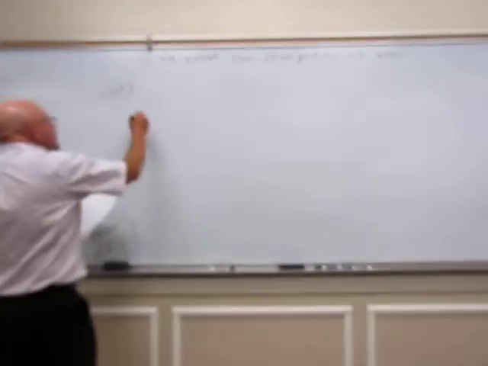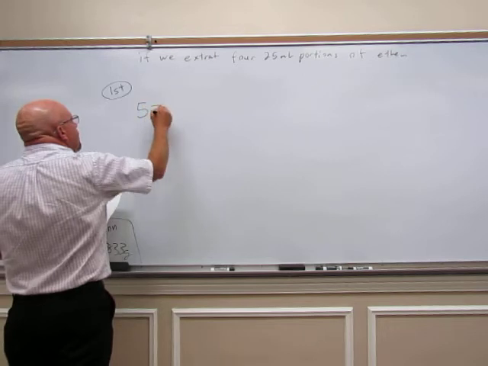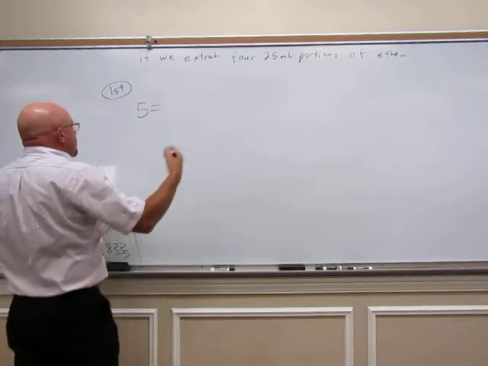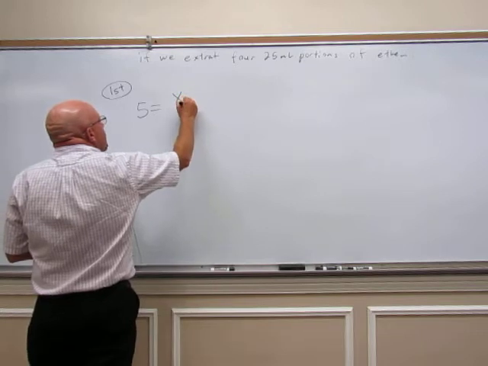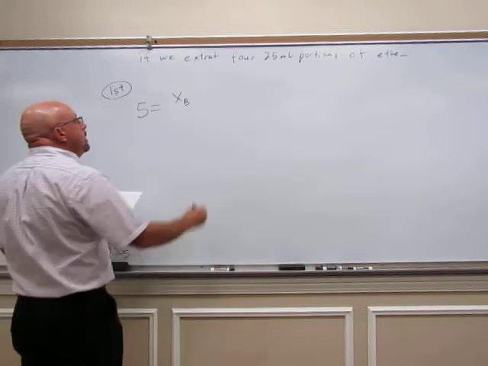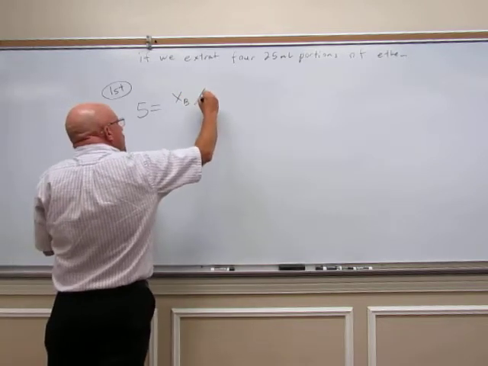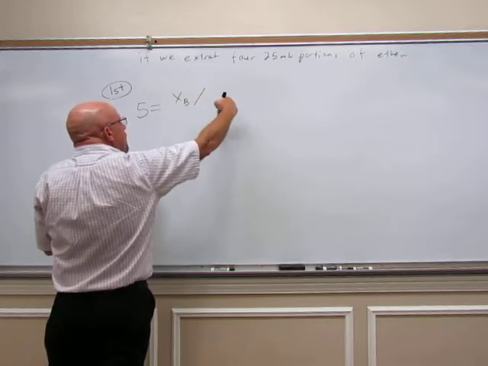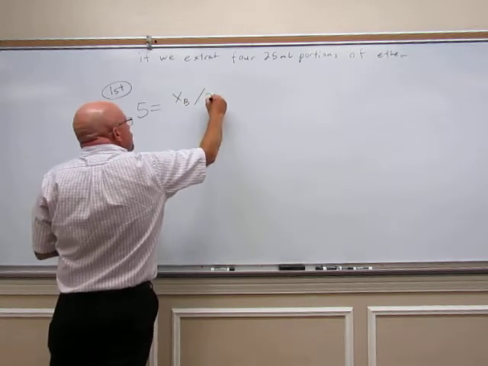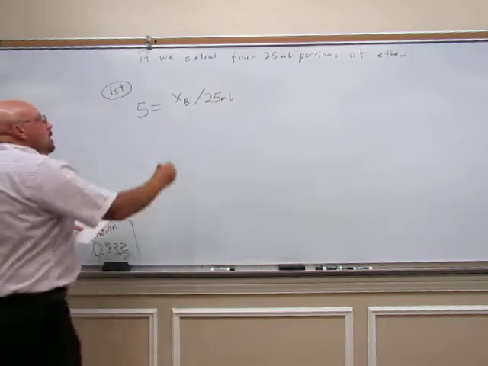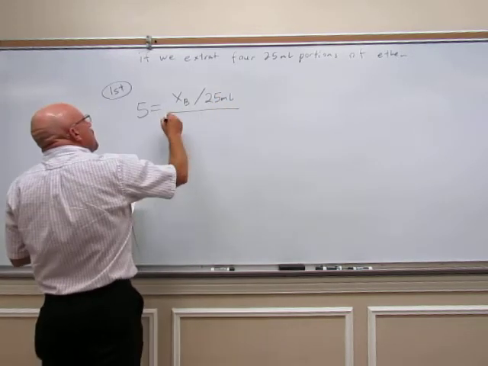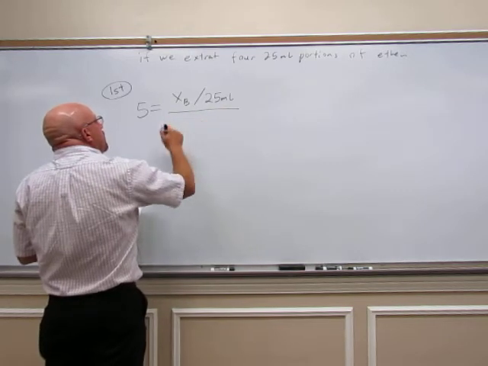Let's look at the first one. Distribution coefficient 5. So it's the same equation we did before. We're extracting out X amount, with, remember, the top being the organic, so it's 25 mils of the ether. On the bottom is the water here.